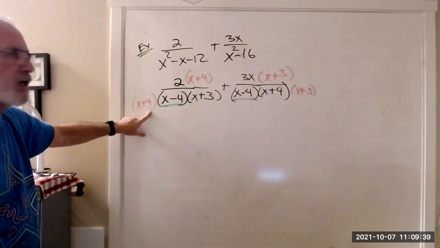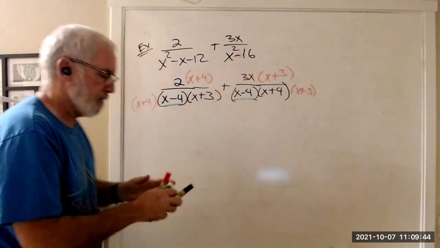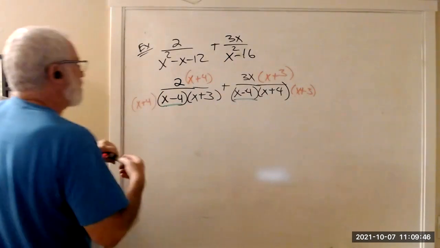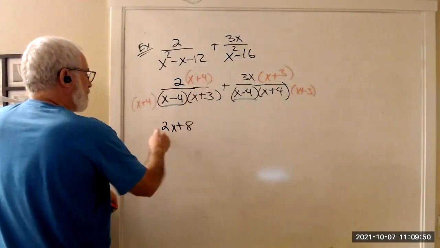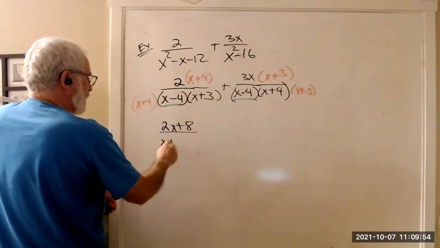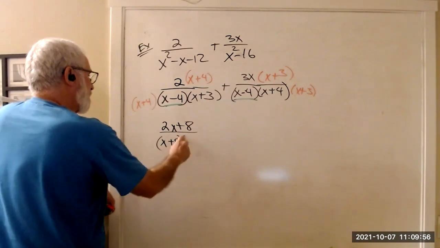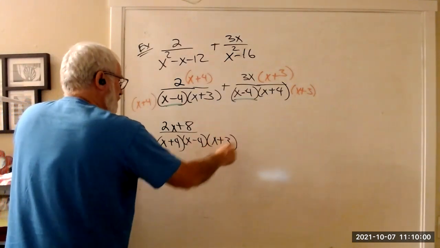And where you put the x plus 4s and the x plus 3s doesn't matter. So we put all this together and we end up with 2x plus 8 on top, and we get this big ugly mess, x plus 4, x minus 4, x plus 3.